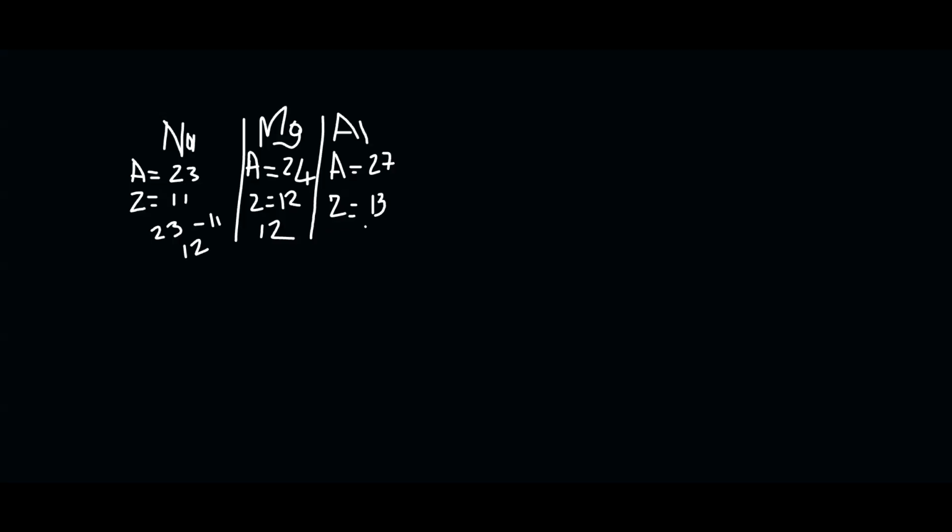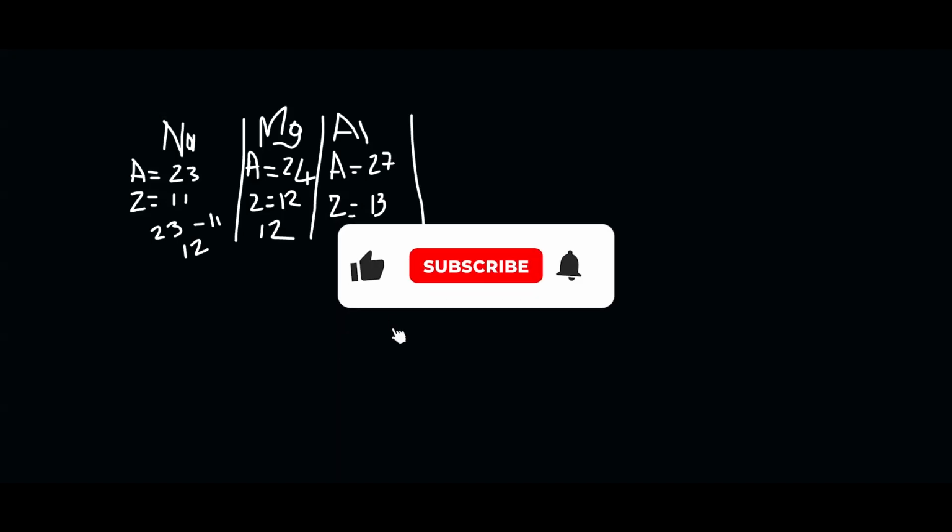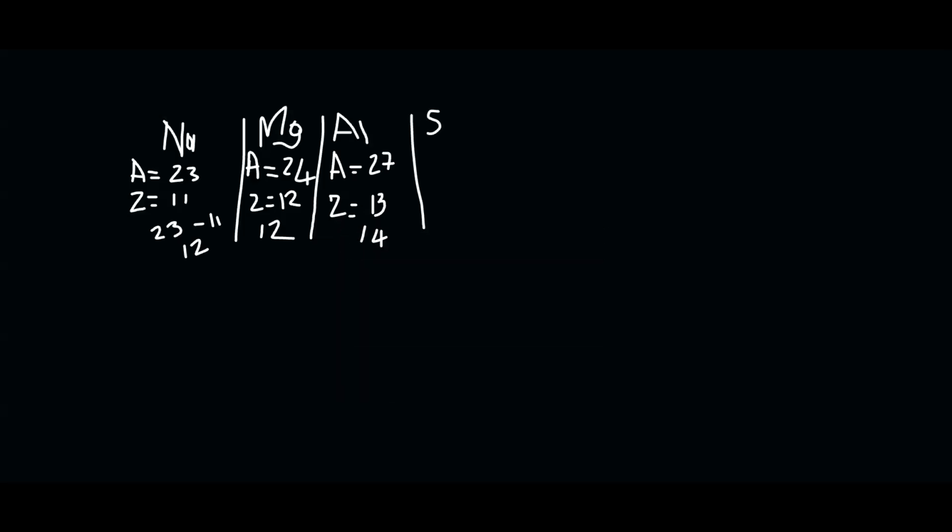What's the other one, the 14? Silicon. Good. What's the mass number for silicon? 28. Good. So A equals 28. The atomic number is 14, so 28 minus 14 would give us 14. Good.